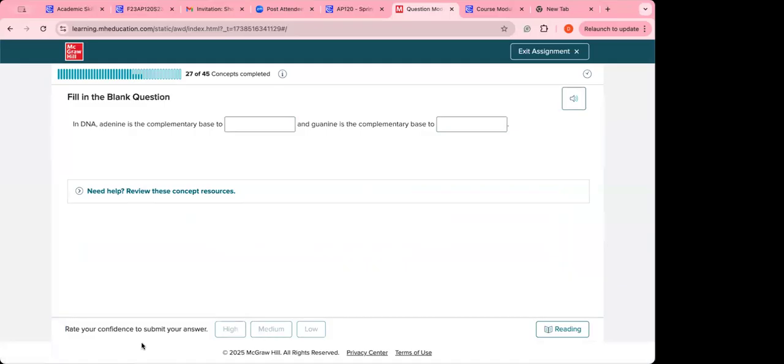In DNA, adenine is the complementary base to, okay, so that's going to be thymine. First box is thymine. And guanine is the complementary base to cytosine.